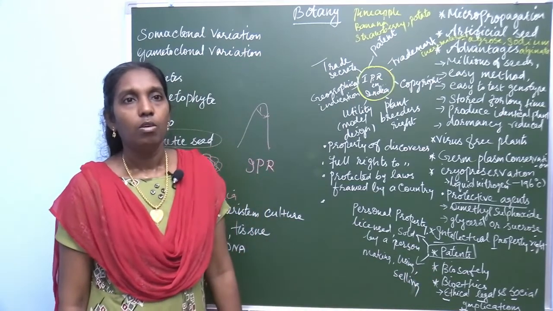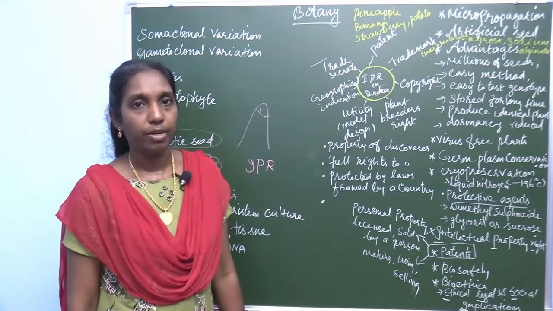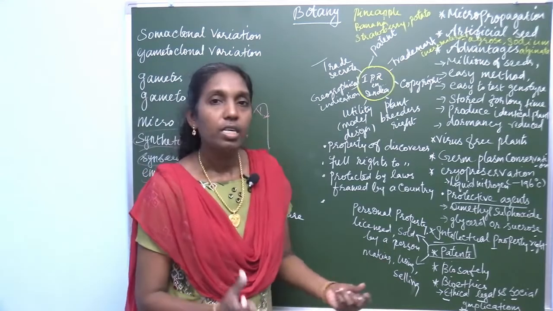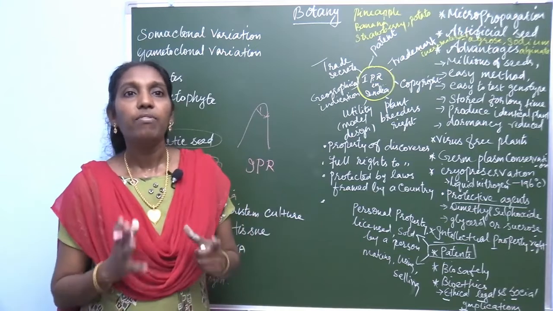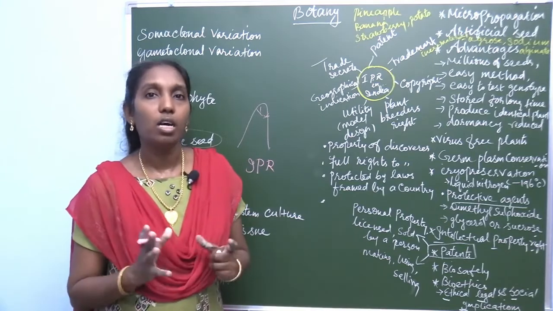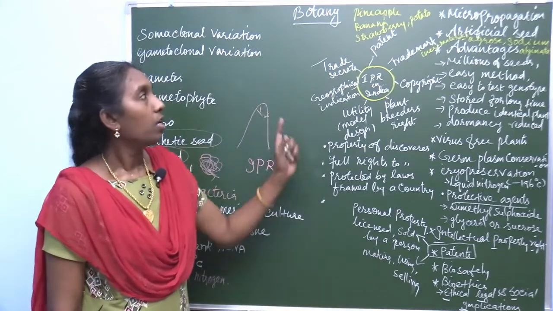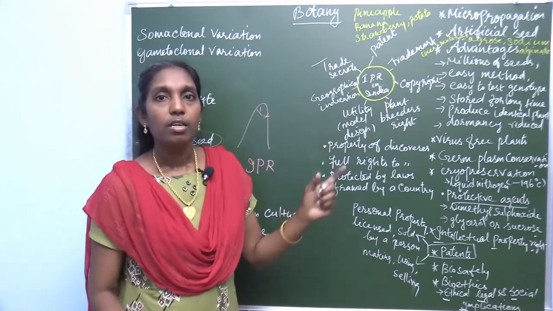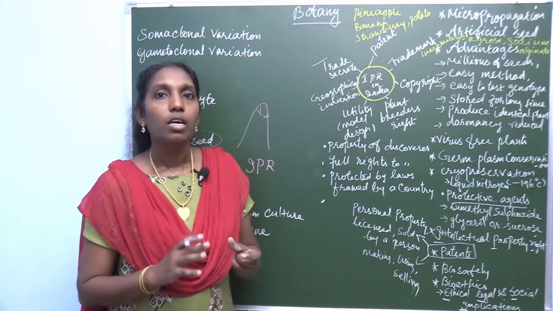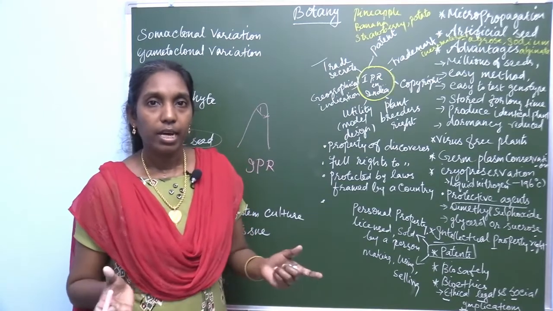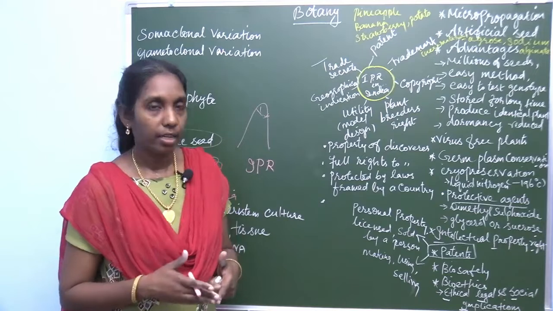Then, biosafety. What is meant by biosafety? It is the method of safety, prevention of loss. There are so many products in biosafety. In this chapter you learn in biotechnology, a number of microorganisms can be altered through genetic engineering technology.